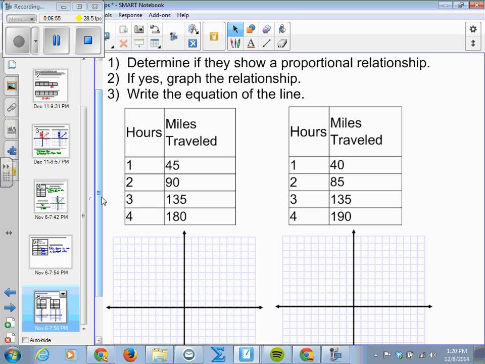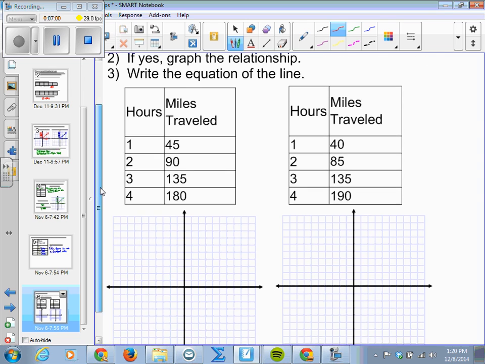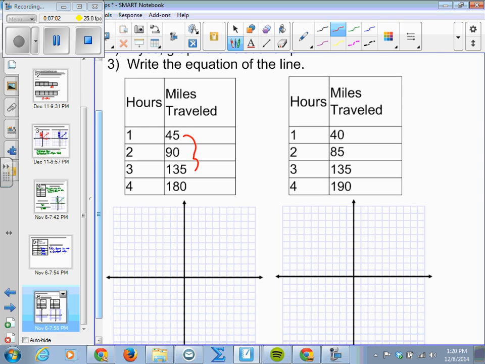For the first one, the answer is yes. We're jumping by 45 each time. We have a constant rate. So to graph that, again, go 1, 2, 3, 4. I'm going to jump my lines by that constant rate, every other one to space it out, make it easier to see.